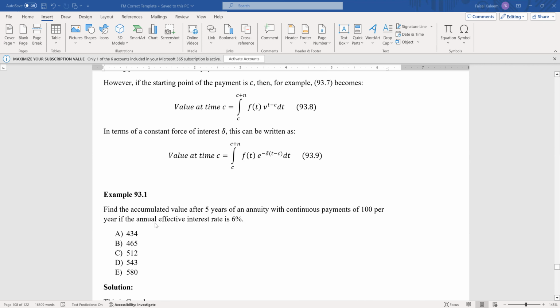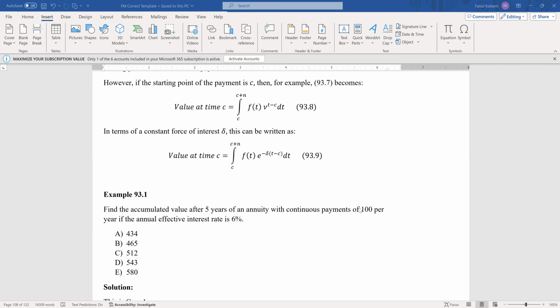Example 93.1. Find the accumulated value after 5 years of an annuity with continuous payments of 100 per year if the annual effective interest rate is 6%. So you can see here that the payments are 100 per year, so it's a constant payment rate, and the effective interest rate is also constant.